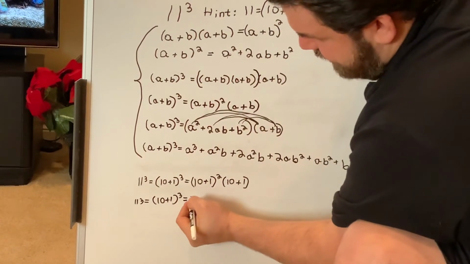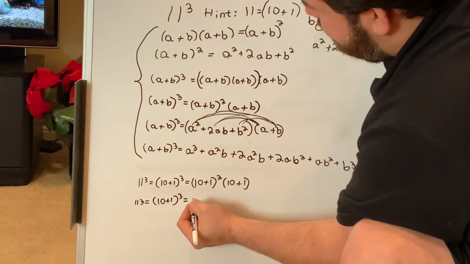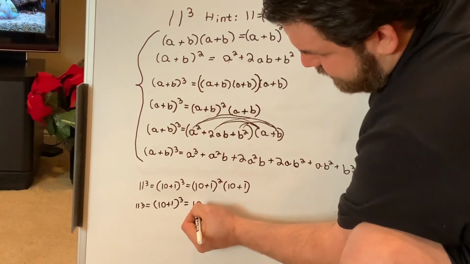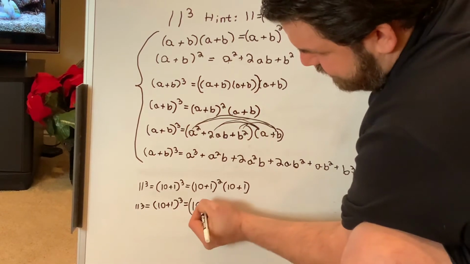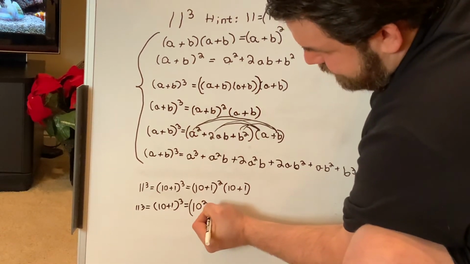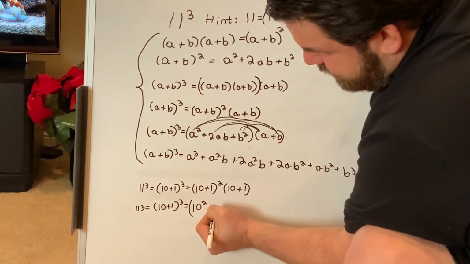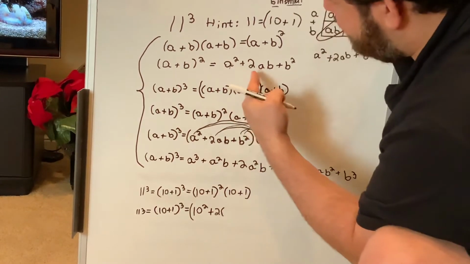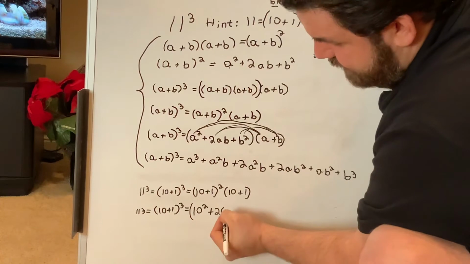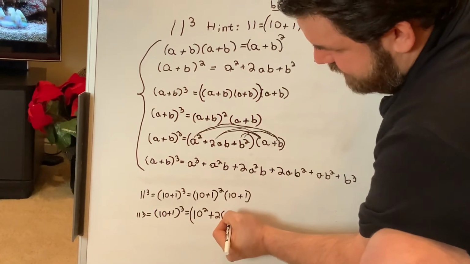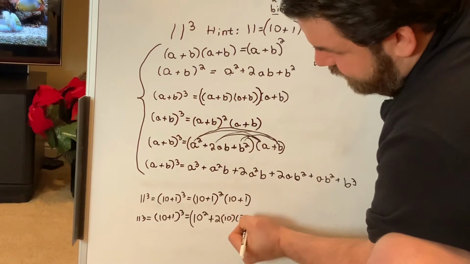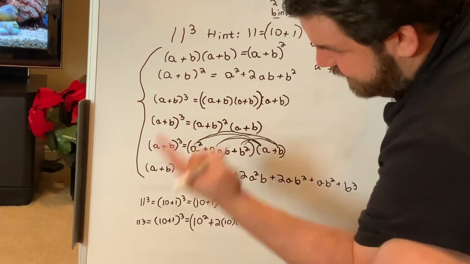Instead of a squared plus 2ab plus b squared, we're going to say 10 squared, and we'll put this in parentheses, plus 2 times 10 times 1 plus b squared.